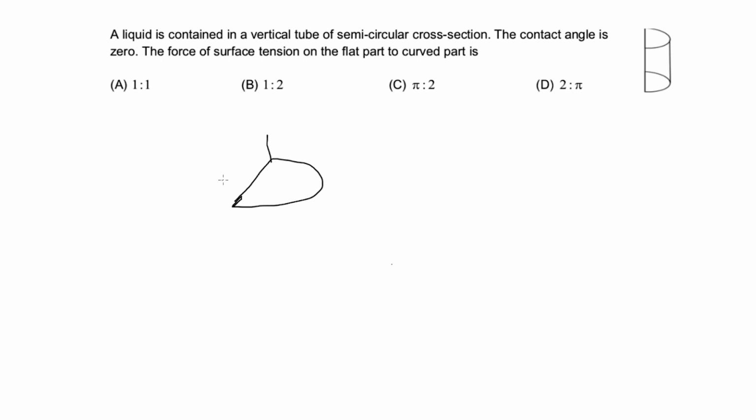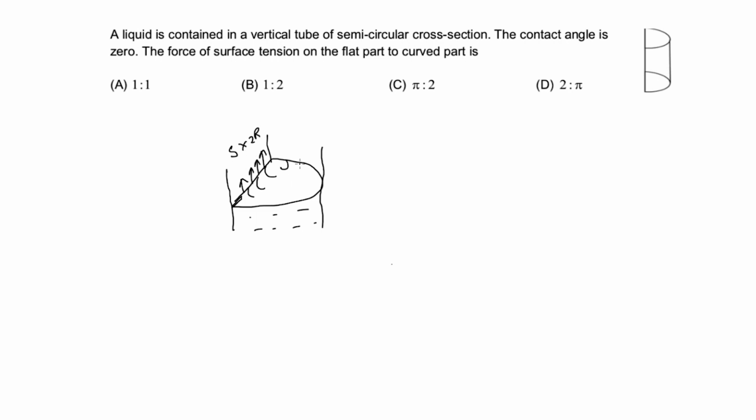Here it is the container. So you can see that the liquid is kept here. So this is the flat part, as the contact angle is 0 degree. So on this flat part, the force of surface tension is perpendicular to this line, and it is S into L. L is 2R for this part.